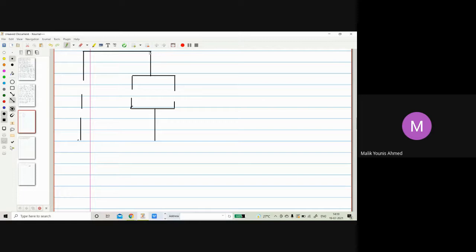Then we have transformer number one, transmission line, then transformer number two. Then again we have loads, we model them in parallel.